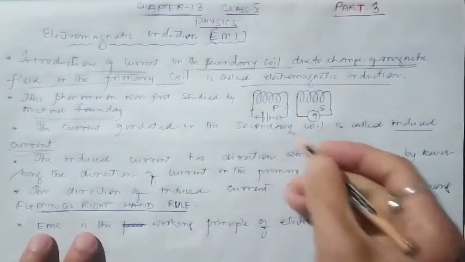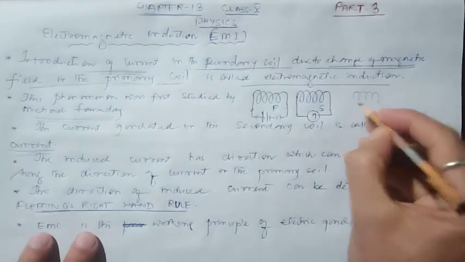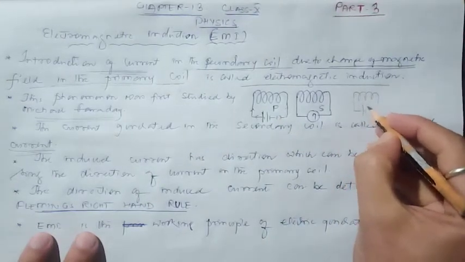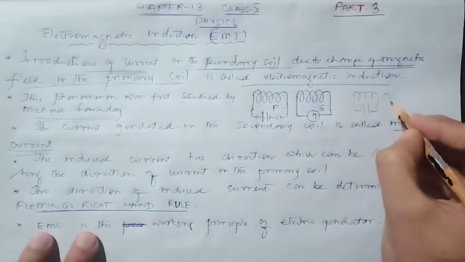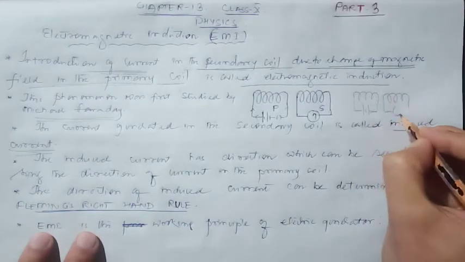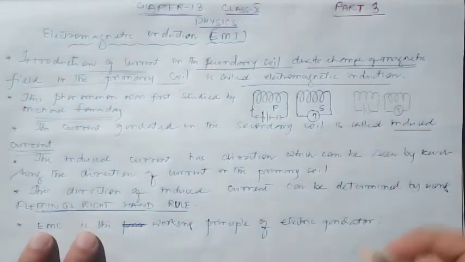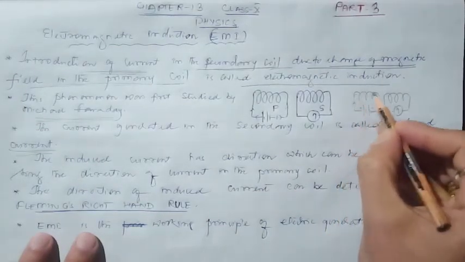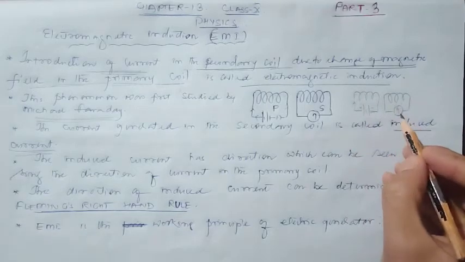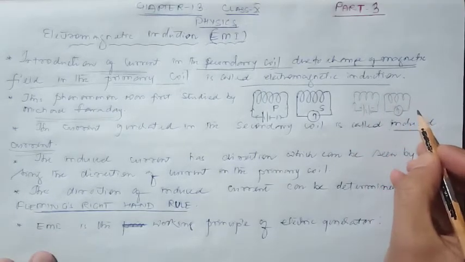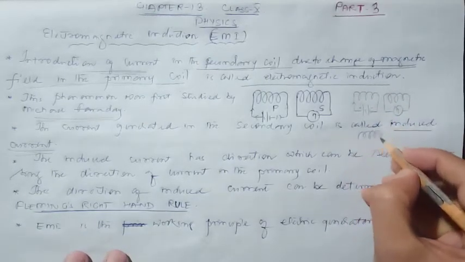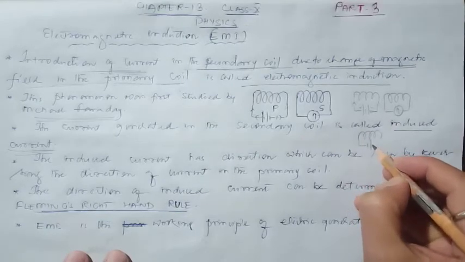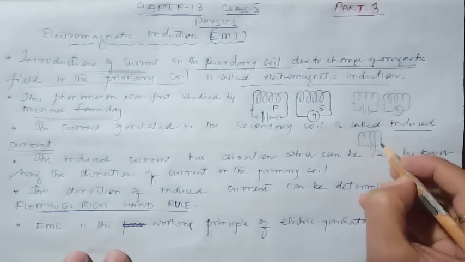Student, one more time. Suppose I have a coil here. In this coil, this is the battery's plus and minus, so the current will flow in this direction. Because of this, the galvanometer will deflect in one direction. Now suppose I reverse the battery's pole like this.